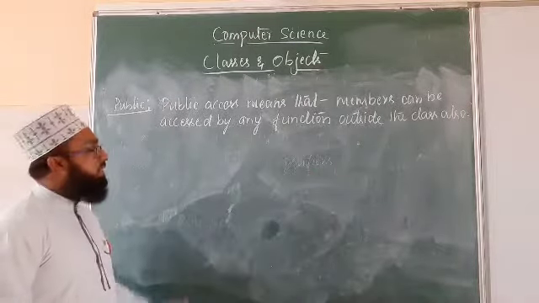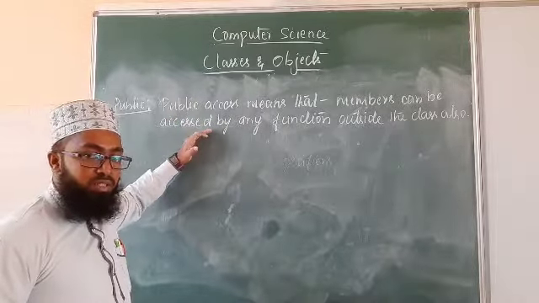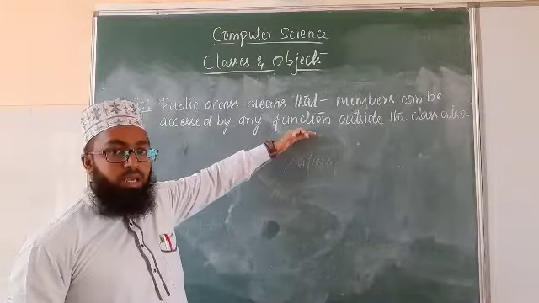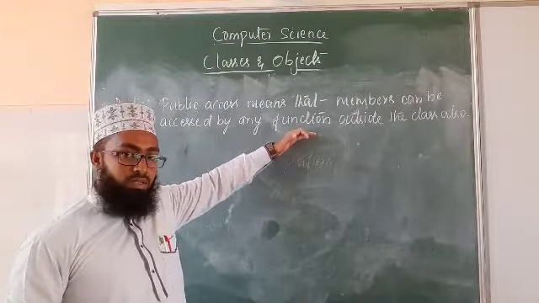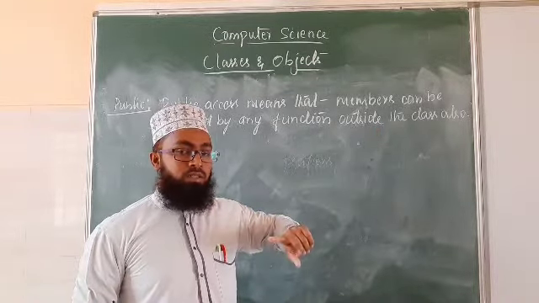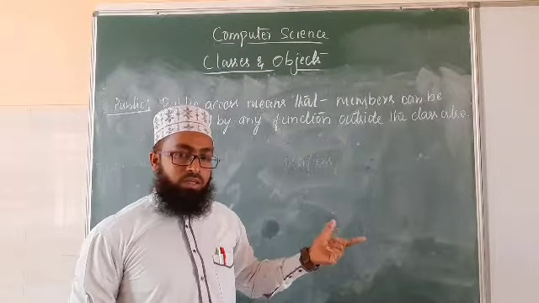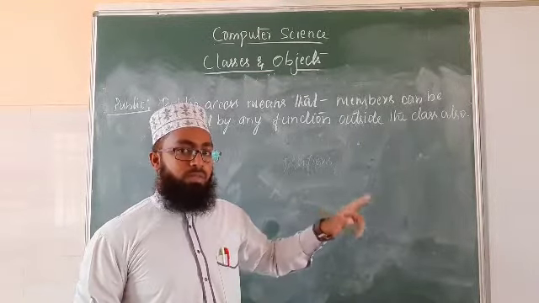The member functions which are present under the public access specifier can be used by any function outside the class. As I have written, under public I have given void get data, enter two numbers, then void read data, then sum of the two numbers is a plus b.